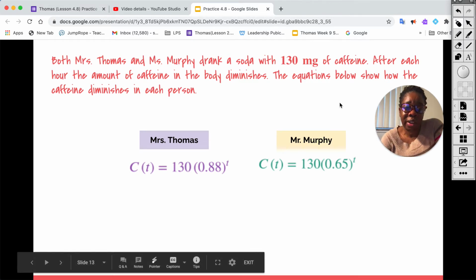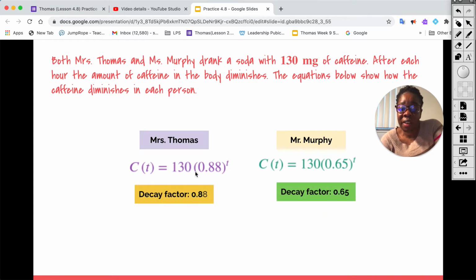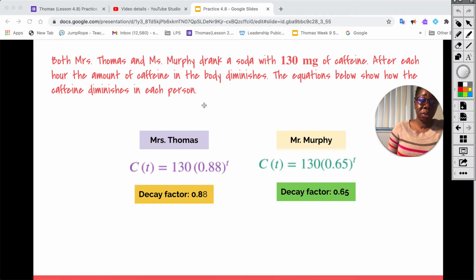And in order for us to answer that question, we need to find a decay factor for each of these teachers. So the decay factor for Mrs. Thomas is 0.888, and the decay factor for Miss Murphy is 0.65. And we want to go back to the general form of the exponential equation, which is y is equal to a times b to the x, where our initial value is 130, right?